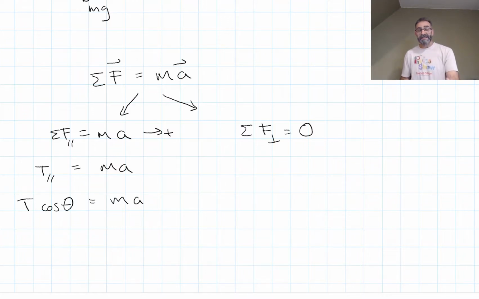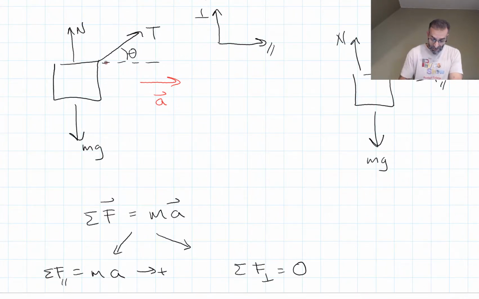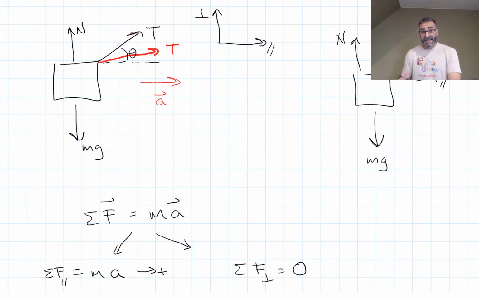And you shouldn't need a calculator to figure out cosines of the angle to figure out that as we reduce the angle, if we pull with a smaller angle instead, same magnitude of tension, what's going to happen to our acceleration? It's going to increase, isn't it?